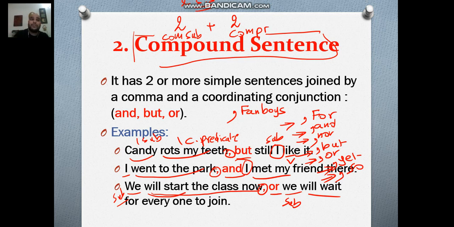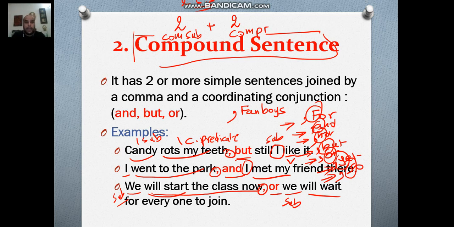The compound sentence has one of the 7 FANBOYS we have talked about. I have said the FANBOYS are: for, and, nor, but, or, yet, so. So if you have two sentences linked by one of the FANBOYS, for, and, nor, but, or, yet, and so, it's going to be a compound sentence.